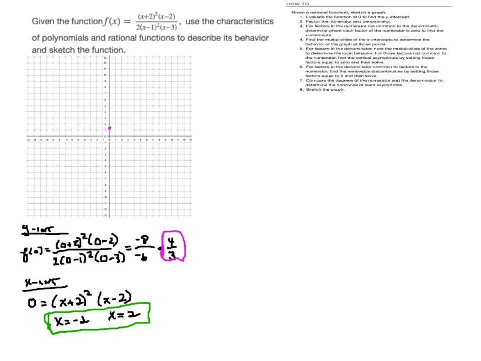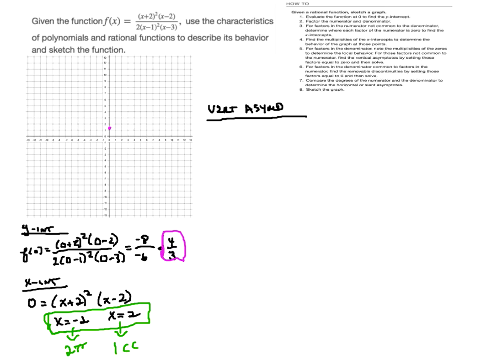So here we have x is -2, and here we have x is 2. Okay, so these are my x-intercepts. This one has a multiplicity of 2, which means it touches and turns there. And this has a multiplicity of 1, which means it completely crosses there.